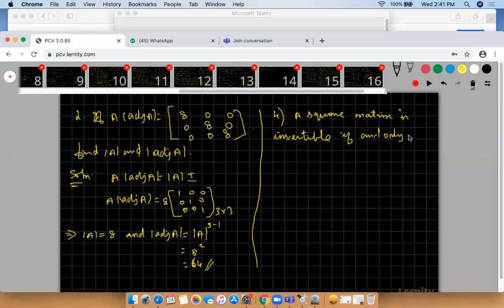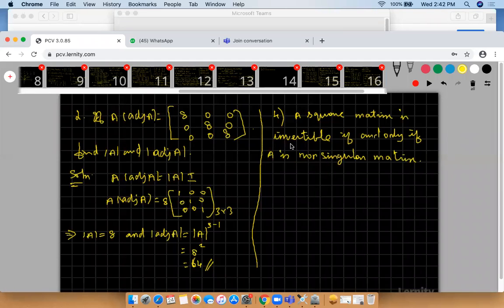A square matrix is invertible if and only if A is a non-singular matrix.